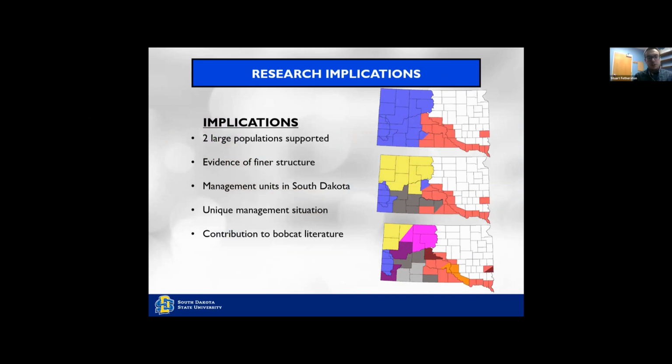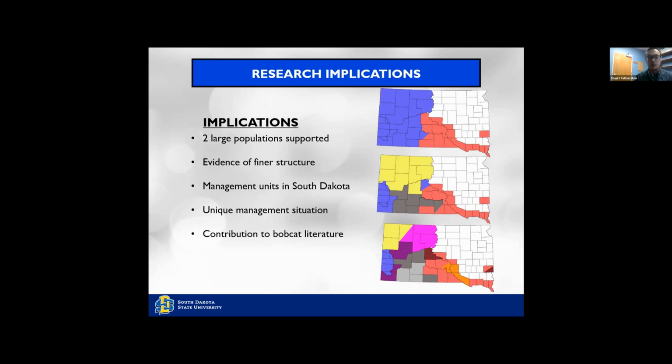And so the implications of this are there's large support for 2 populations, and then beyond that, evidence of even finer levels of structure, which may not necessarily be what we would expect for a wide-ranging carnivore, that we would see these levels of genetic structure in the state. This information could be used by managers to potentially inform management strategies going forward and populations to pay attention to.